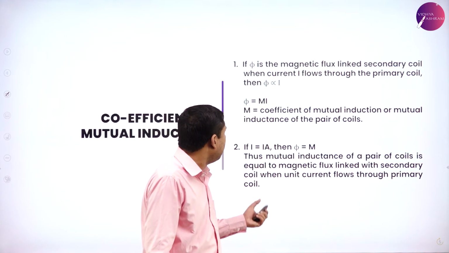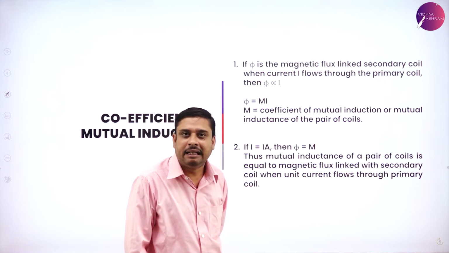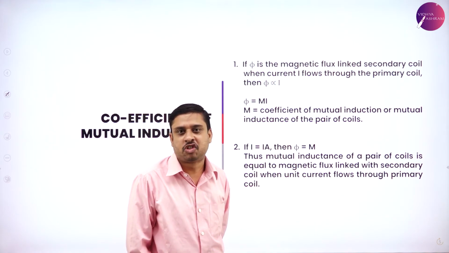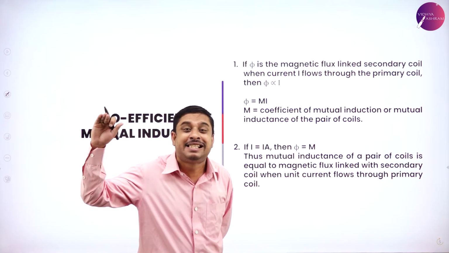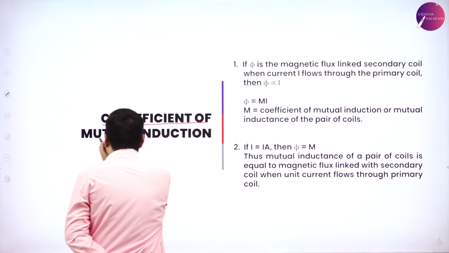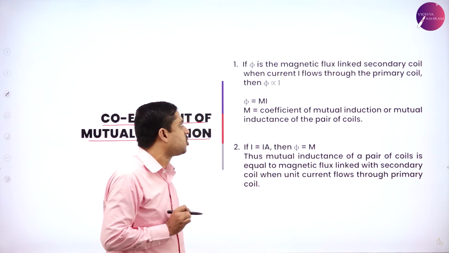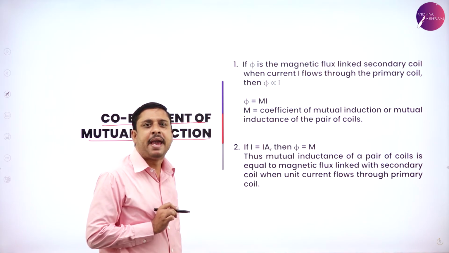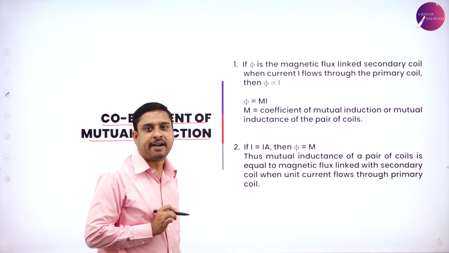Now, coming to the mathematical understanding of mutual induction. As we studied the coefficient of self-induction, now we understand the coefficient of mutual induction, exactly on the same basis as we studied self-induction.